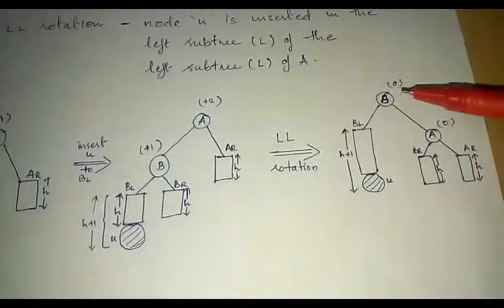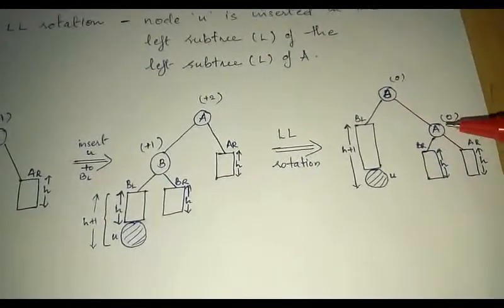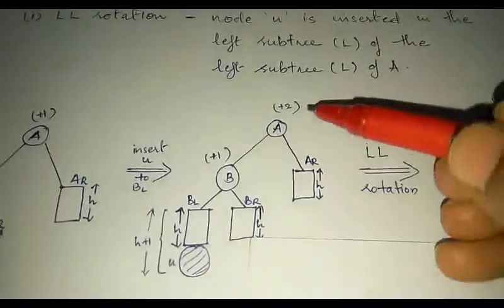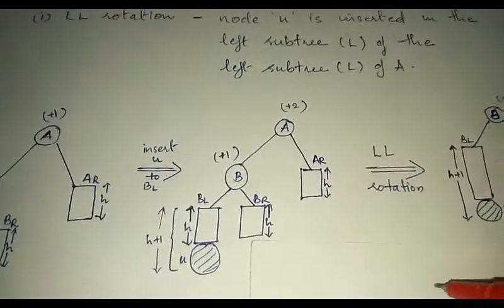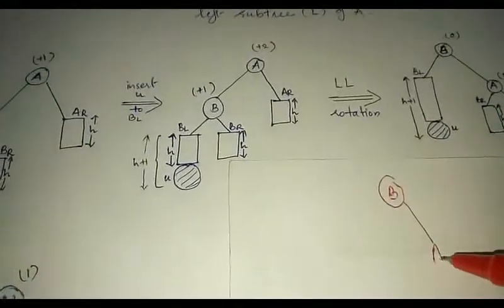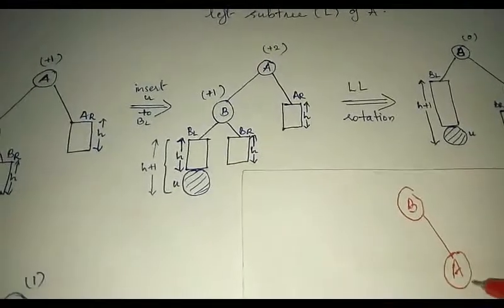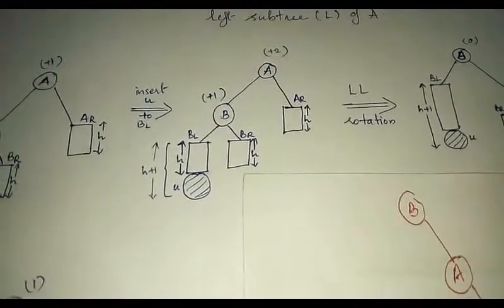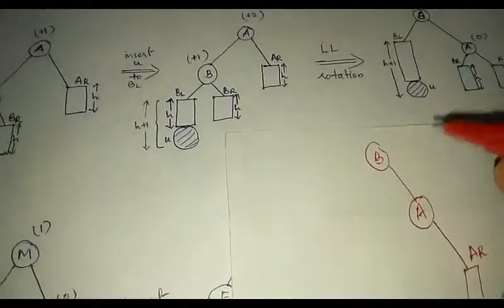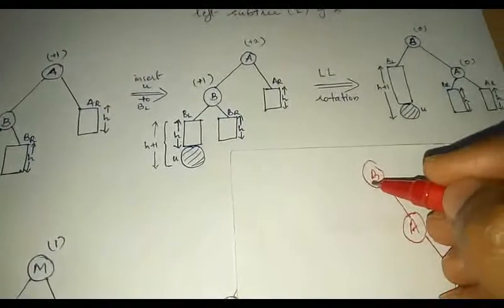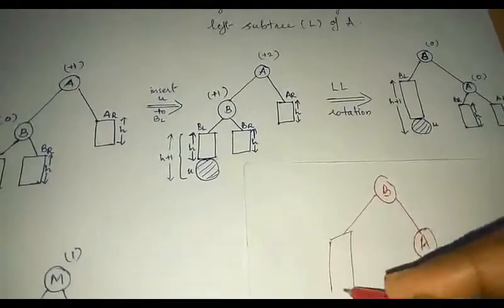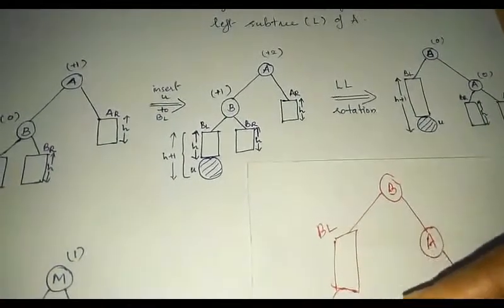That is, B becomes the root and A will go to the right side of B. That is, while pulling this A to the right, B comes on top and A along with its subtrees comes to the right of B. So here A along with its subtrees means A has only a right subtree, so that will also come along with A. Now when B has become the root, the left side of B will be as such. That is, you have a subtree BL along with the new node U.